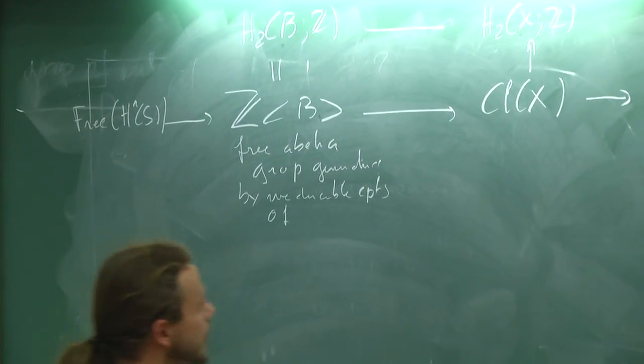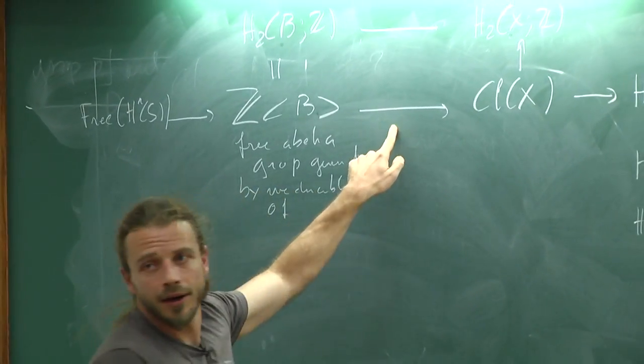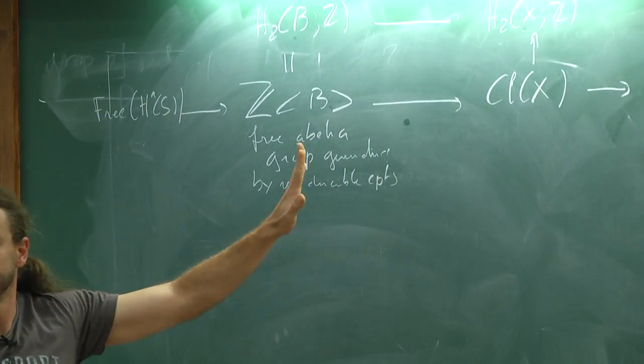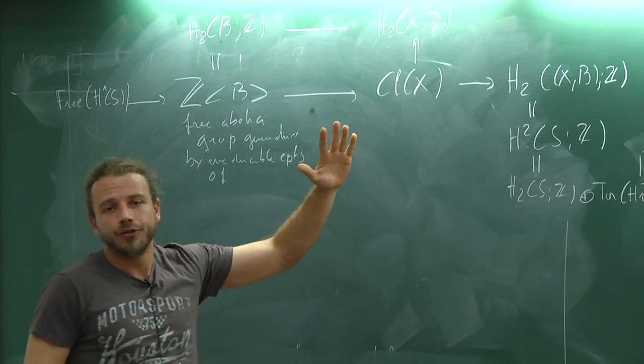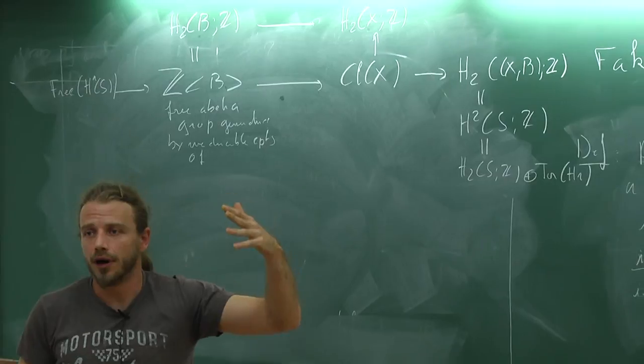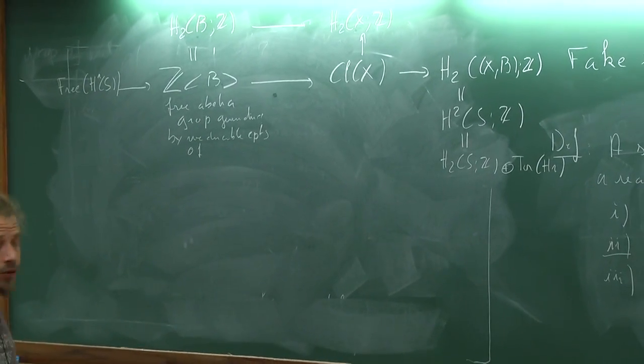So, if you want something which is Z-acyclic, this map must be an isomorphism. That's the idea. If you want Q-acyclic, it has to be an isomorphism after tensoring with Q. Okay. And now for the real locus.